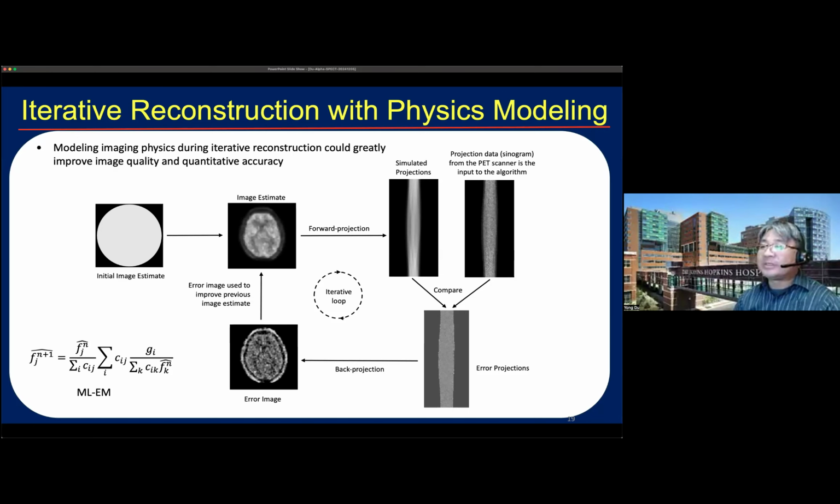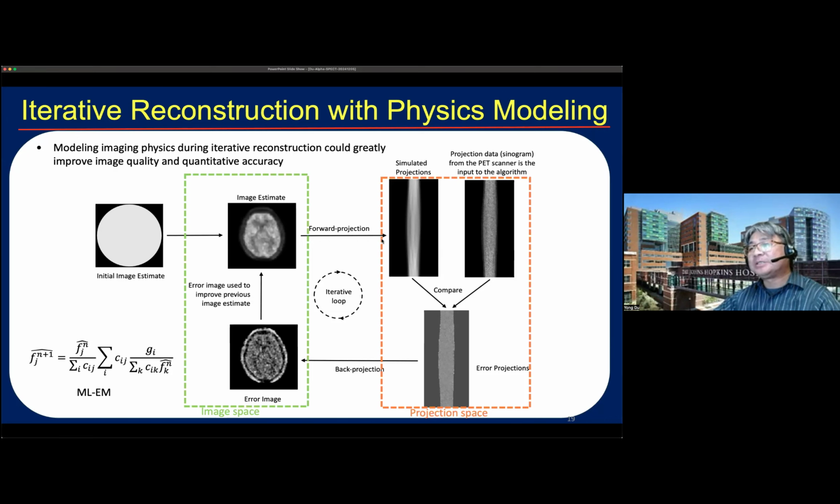For example, this figure shows a typical step of the iterative reconstruction. We have the imaging space and projection space, and from the initial estimate, we can do a forward projection and compare with measured data, which gives us an error term, which can be back projected into the imaging space, and we can use it to update the images.